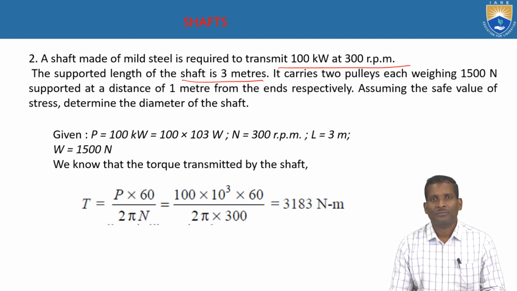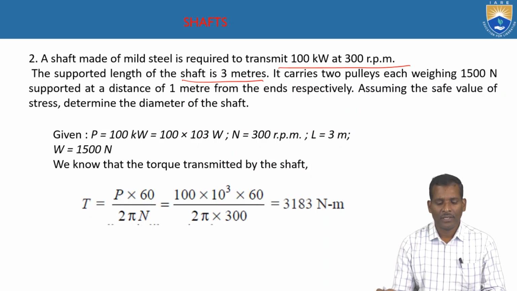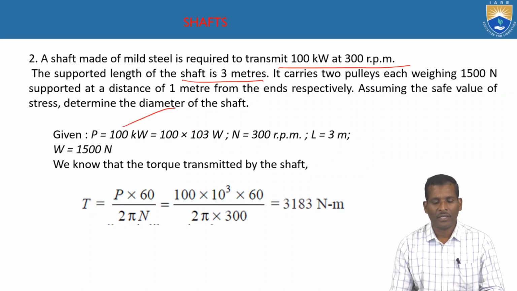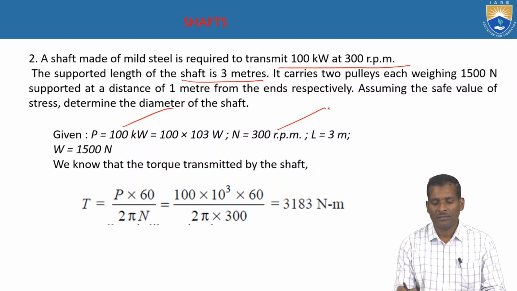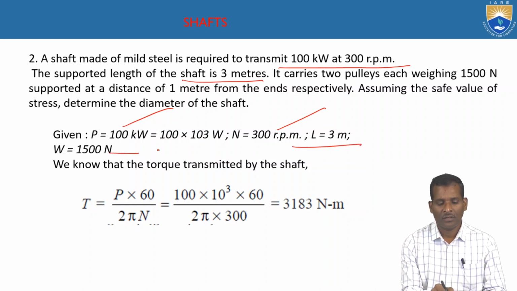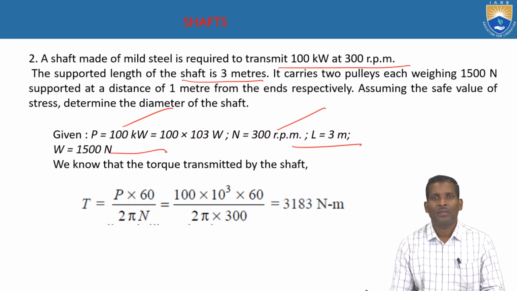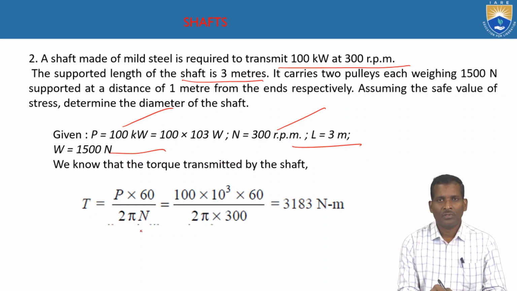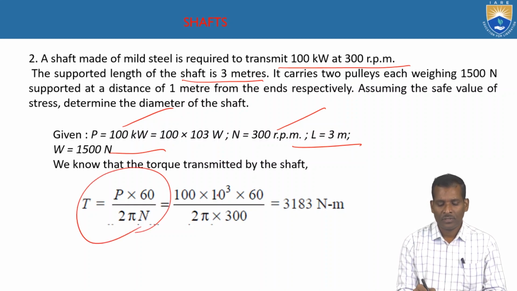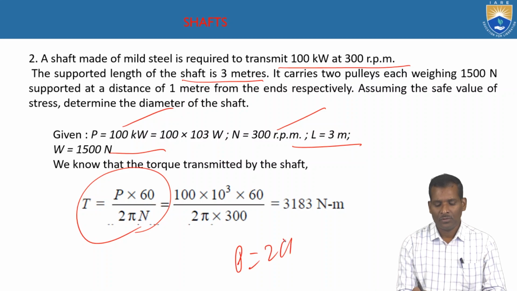First, write down the given data. P is 100 kilowatts, N is 300 rpm, L is 3 meters, and W is 1500 Newton. We know that the torque transmitted by the shaft, T, is equal to 60P by 2 pi N, that is, P is equal to 2 pi NT by 60.